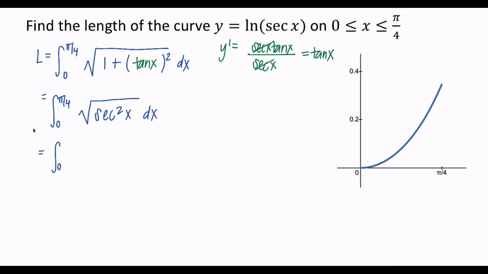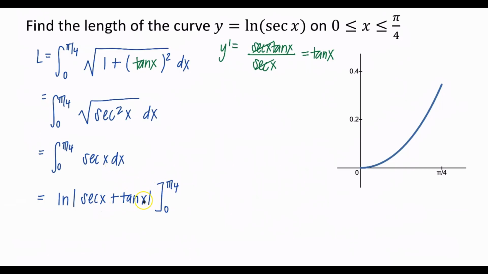So we're just integrating secant x. And this is one of those antiderivatives that we should know, which is natural log of the absolute value of secant x plus tangent x. And we're evaluating this from 0 to pi over 4.